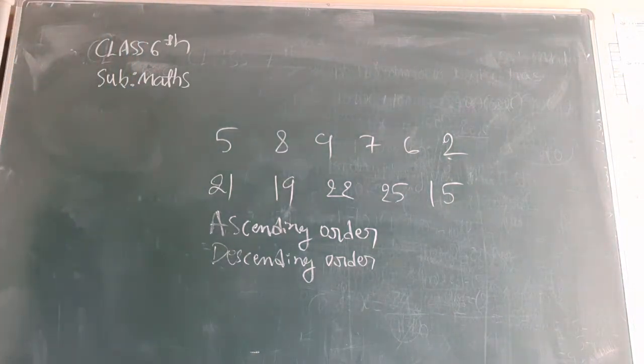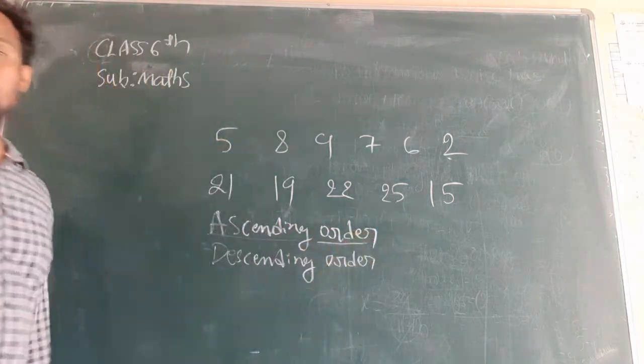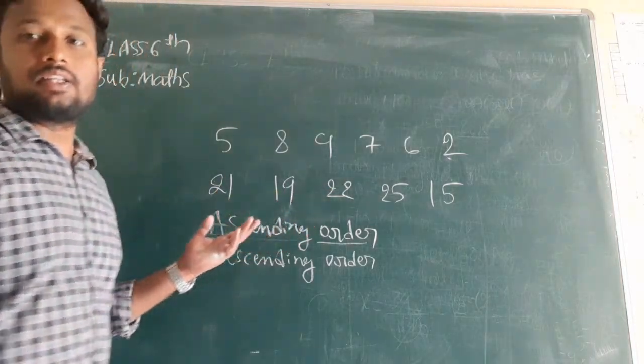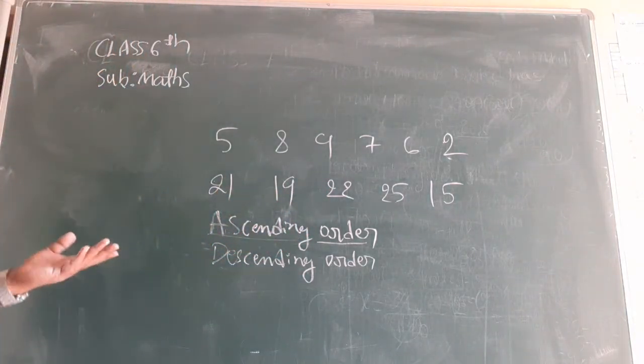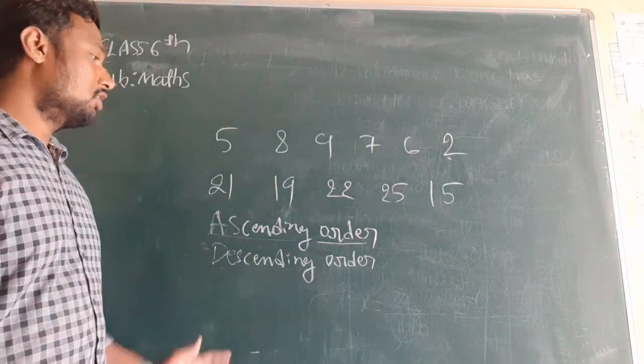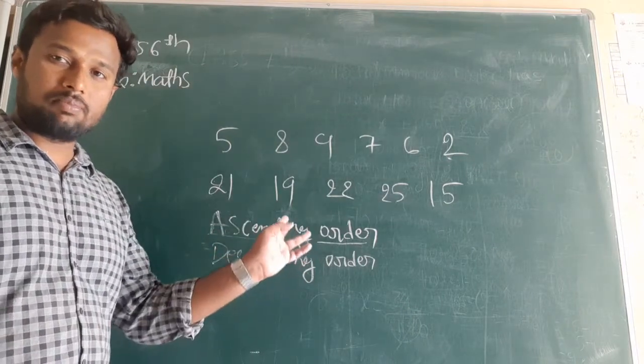What is the meaning of ascending order? We have to arrange the given numbers in such a manner that we write them from lowest to highest. First you select the lowest number, after that the next lowest number, and you continue like that.